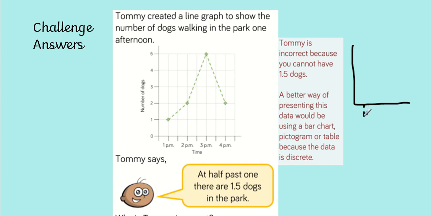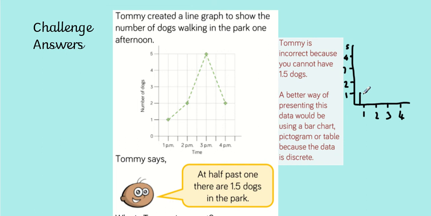Okay, so 1 p.m, 2 p.m, 3 p.m, 4 p.m, we can still use the same scale. And then we've got a number of dogs over here. 1 dog, 2 dogs, 3 dogs, 4 dogs, 5 dogs. Okay, so at 1 o'clock there was 1 dog.